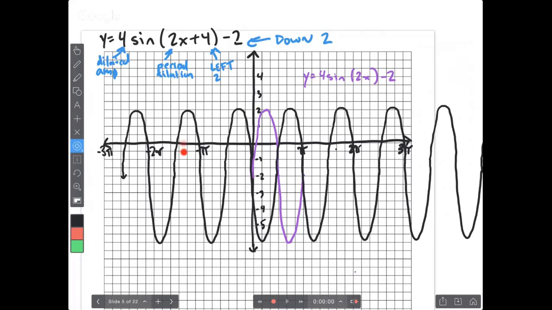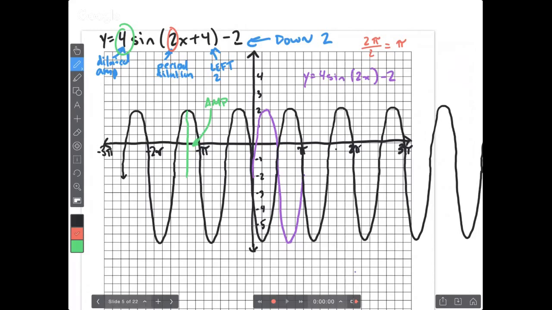I made the amplitude 4. Amplitude here is up 4. And then I made the period be 2 pi over 2, which equals pi. So my period is pi.